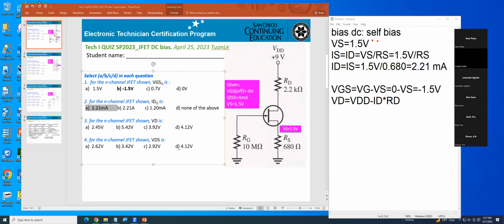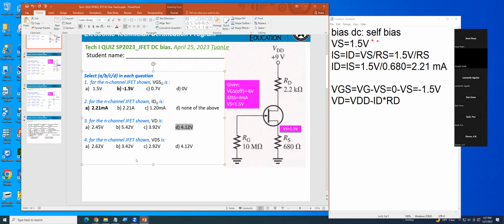4.1. Exactly. Okay, and the last one. VDS.